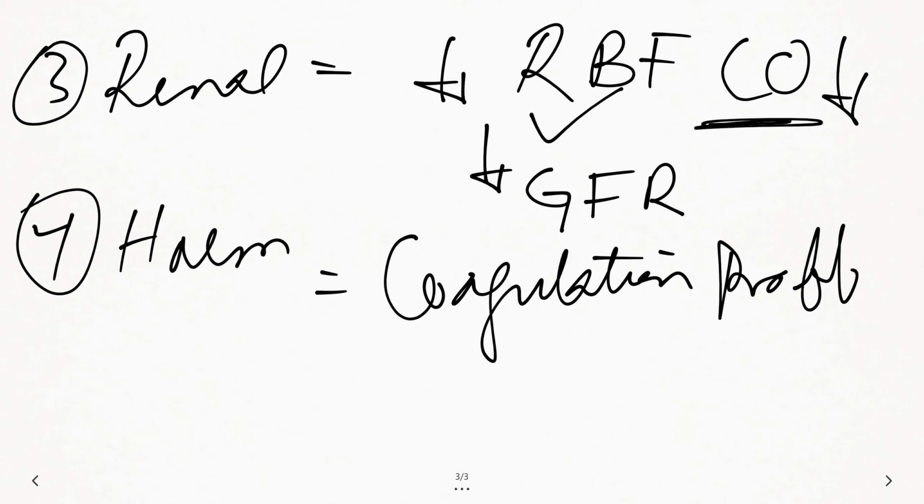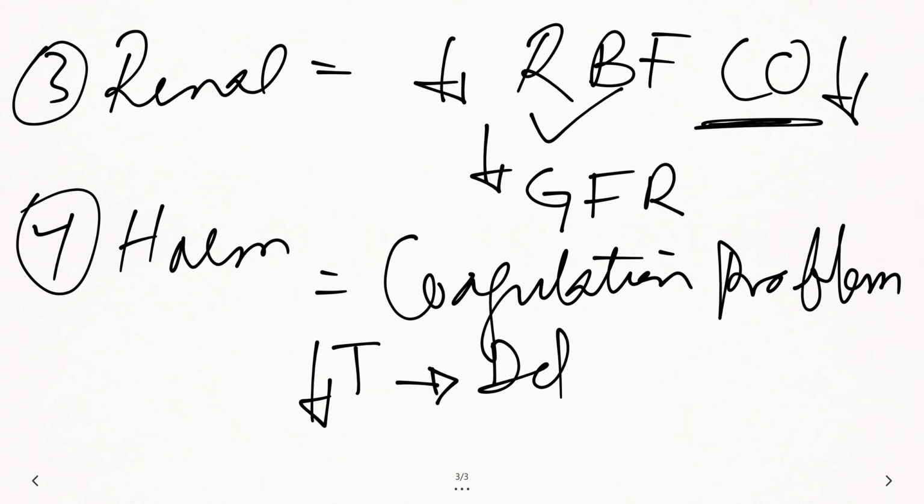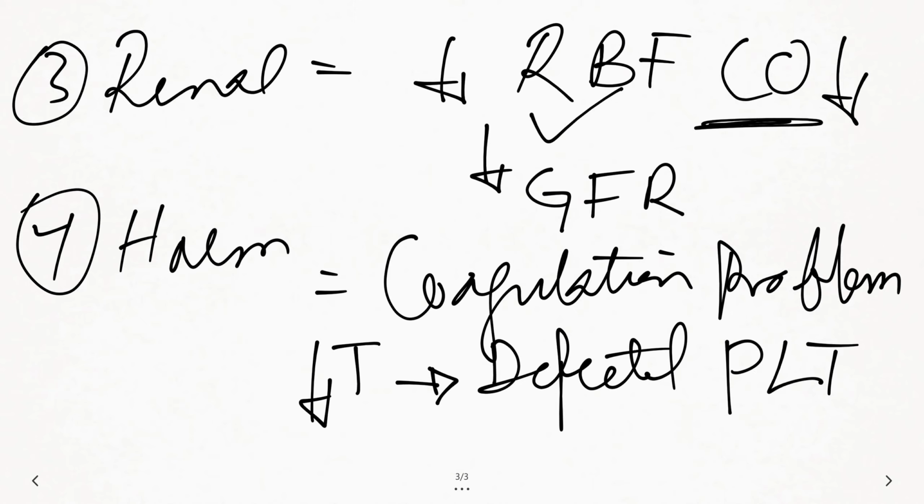Because he is hypothermic, and hypothermia will lead to defective platelets. Okay, so the primary plug will not be formed in the right way, and accordingly his bleeding will not stop. Okay, and this is a disaster in itself. Fine, this is the first point here.